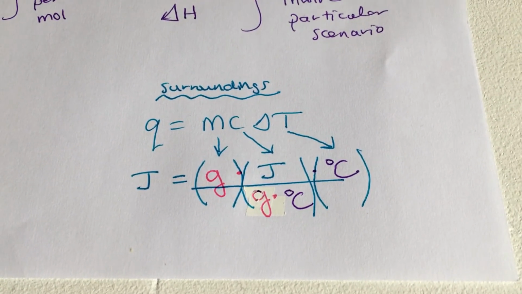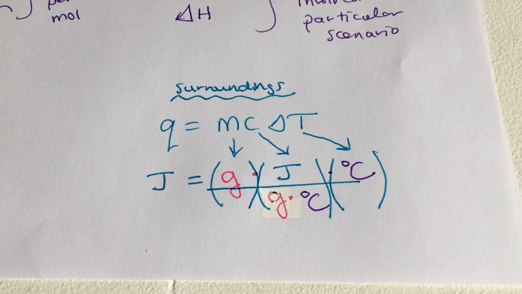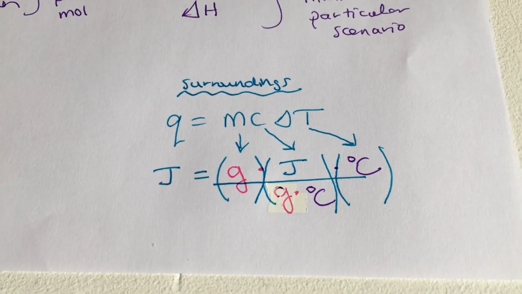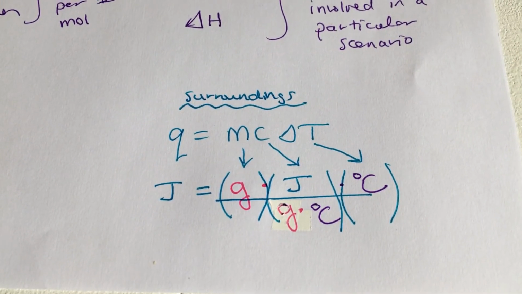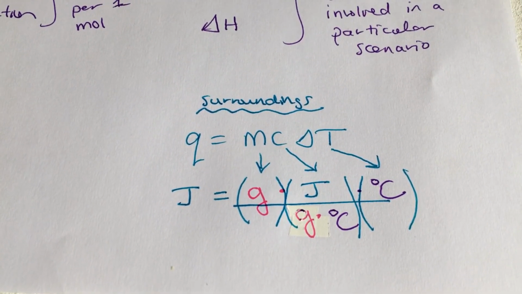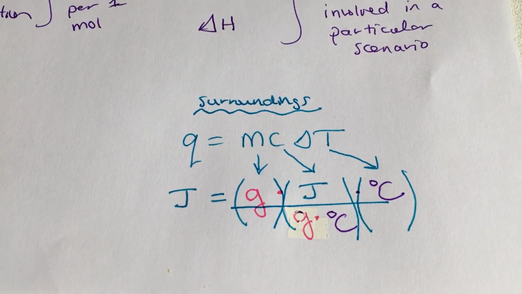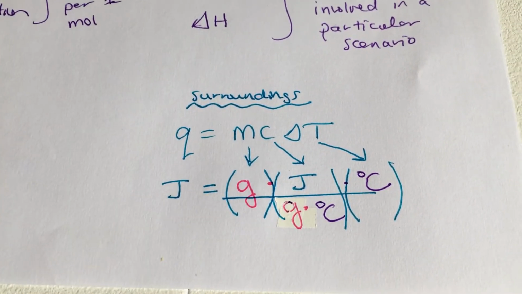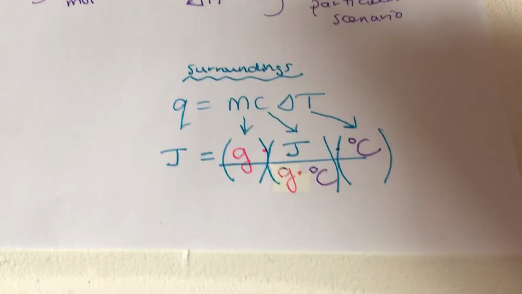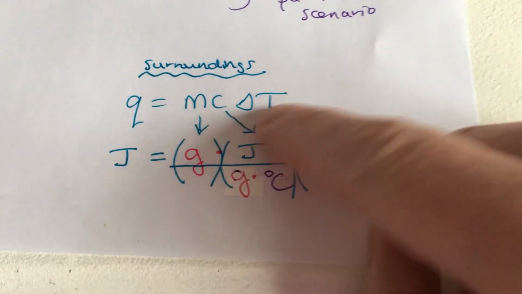Q is always the energy of the surroundings, and it could have a negative value or it could have a positive value. You think about whether it's going to be negative or positive based on the information you're given, or if you're given M, C, and delta T and you calculate Q, right there, Q will either end up being negative or positive depending on the delta T value.